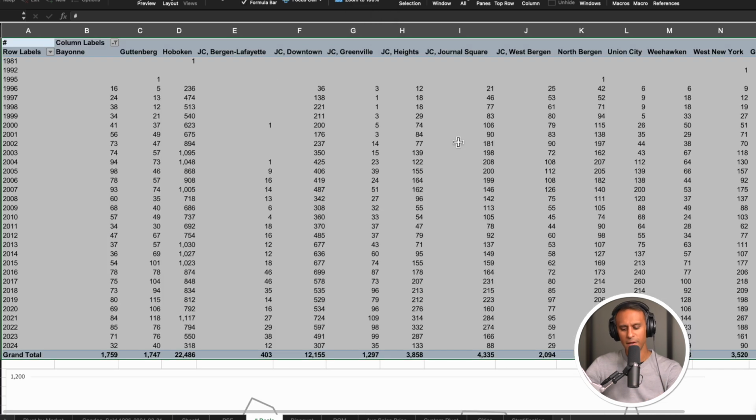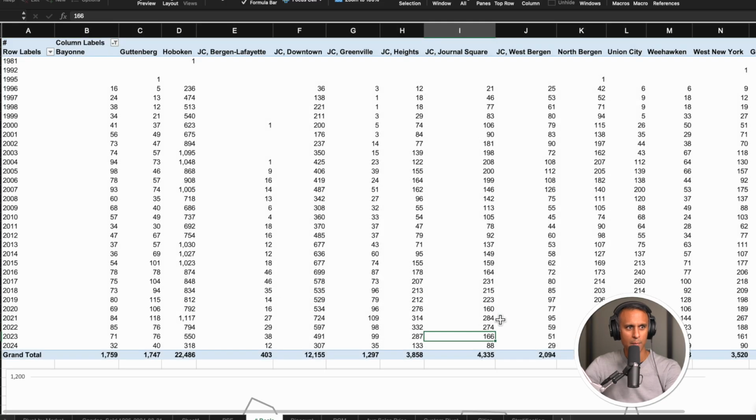Other questions we start to think about is, okay, well, that's just a dollar per square foot metric. Is there demand for them? Who wants to live there that's paying that much? And when you start to look at other numbers, for example, if you just look at purely how many sales are happening, here's Journal Square area.